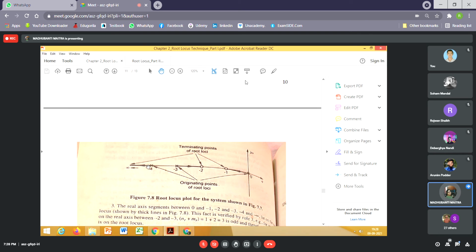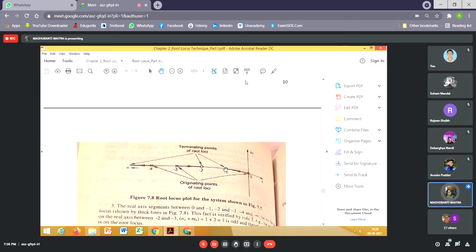Now let's apply rule number 3, the rule that we have just done. We find that this particular segment is an onlooker segment. Take any point on this segment and count the number of open loop poles plus zeros lying to the right. That is one, so the entire segment will be an onlooker segment.